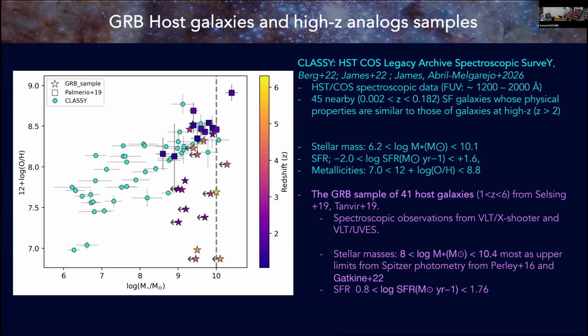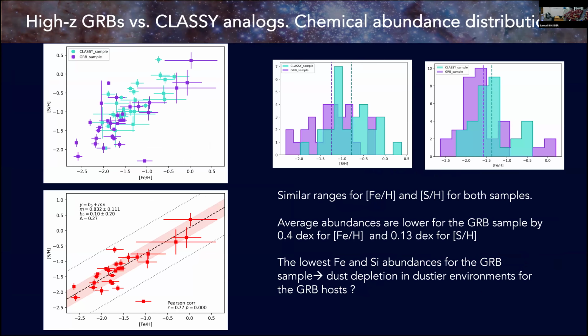The difficulty for the GRBs is that, as you see here, most of these points are upper limits. It's very difficult for high redshift host galaxies to determine the stellar masses. We have mostly infrared photometry from Spitzer, so we have upper limits.